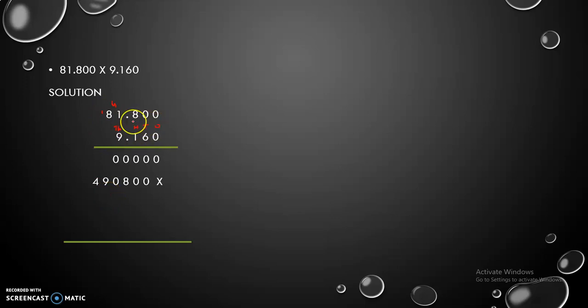Now we have to multiply 1 by the whole multiplicand. So we write cross in 1's place and 10th place and start multiplication from 100th place. 1 0 is a 0, 1 0 is a 0, 1 8 is a 8, 1 1 is a 1, 1 8 is a 8. Now we have to multiply this 9 by the whole multiplicand.